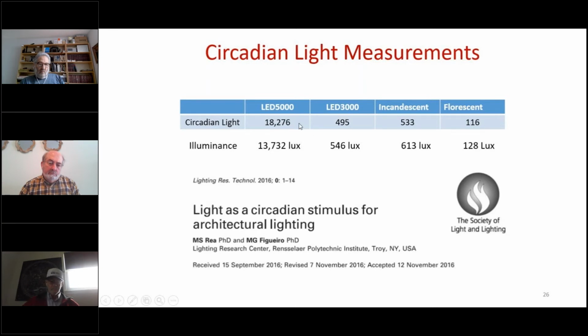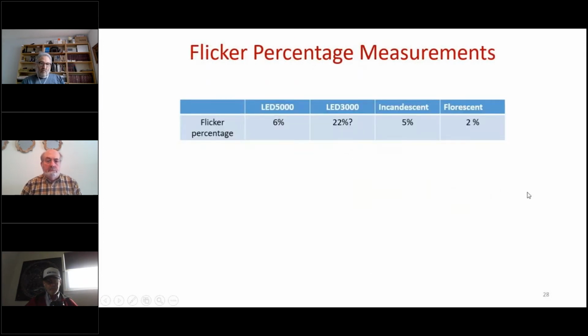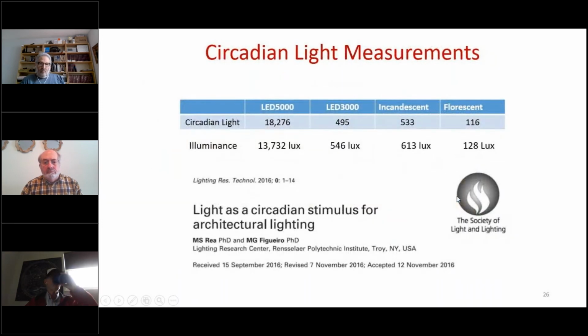So it's not in lux, but is a normalized value that is calculated. And these are the values that are obtained. If someone wants to know more about this one, you could go back and read this paper, Light as a Circadian Stimulus for Architectural Lighting, which explains how the circadian light is calculated.